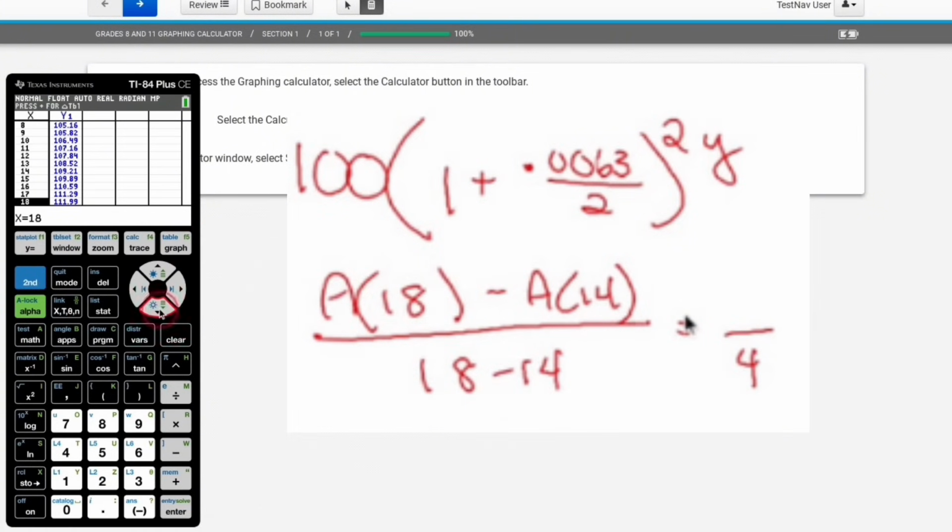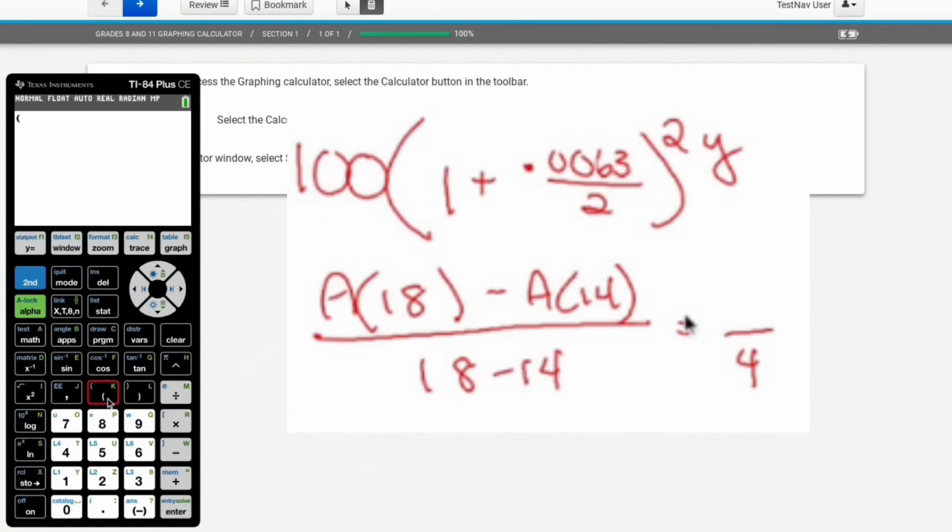A of 18 is 111.99. What a convenient number. And a of 14 is going to be 109.21. So let's go back.